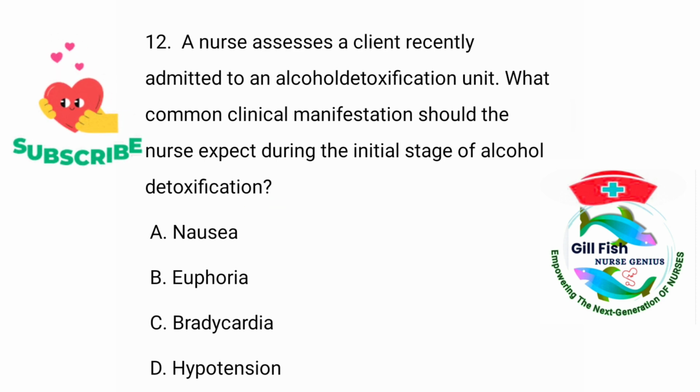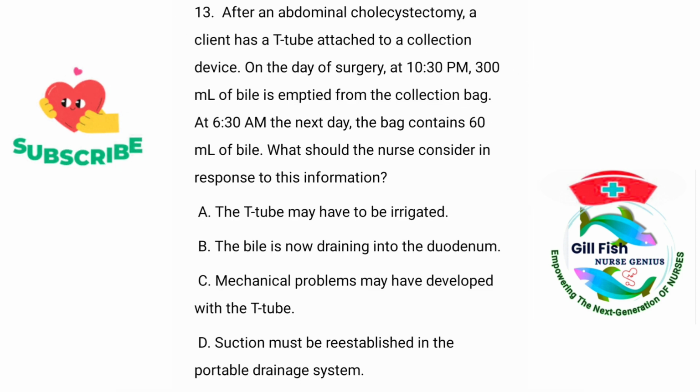Next question. After an abdominal cholecystectomy, a client has a T-tube attached to a collection device. On the day of surgery at 10:30 p.m., 300 ml of bile is emptied from the collection bag. At 6:30 p.m. the next day, the bag contains 60 ml of bile.